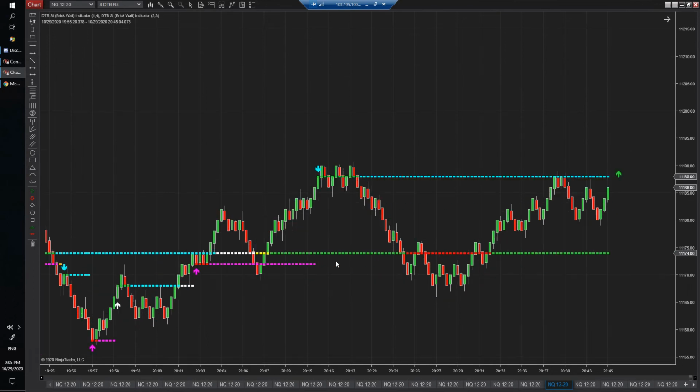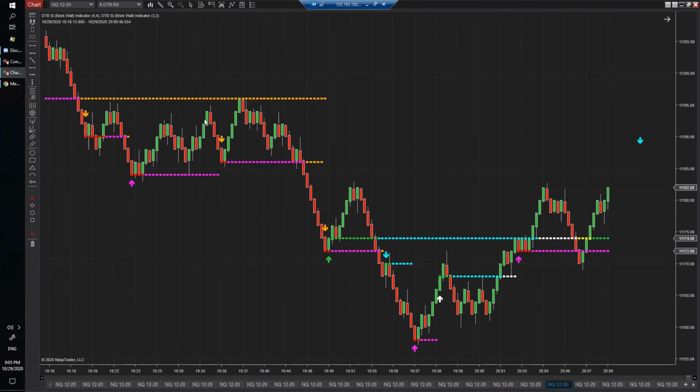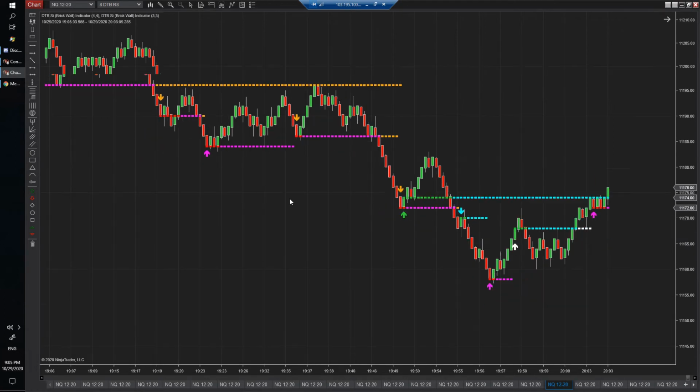And that's going to show throughout the chart. So as an example, this line over here, it plotted way back to the left, and it's going to show us where those support and resistance levels are and where price could be bouncing in and around.